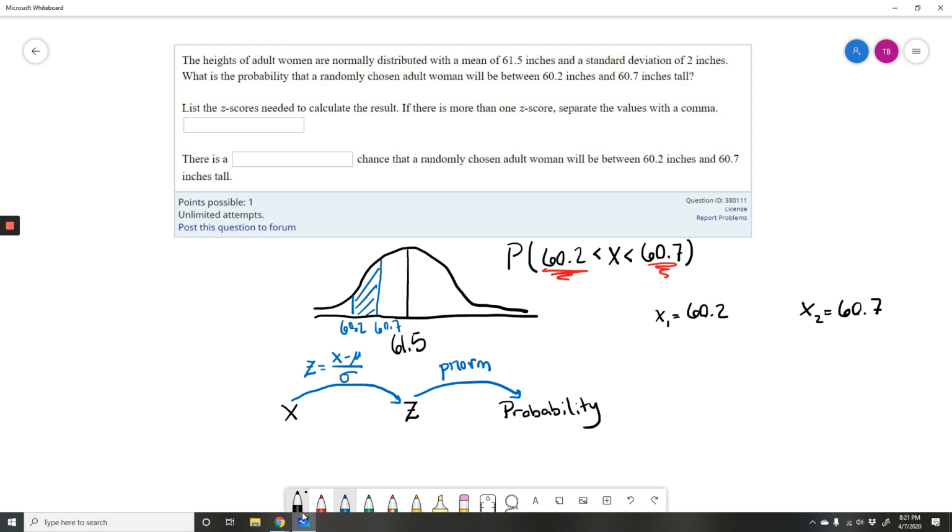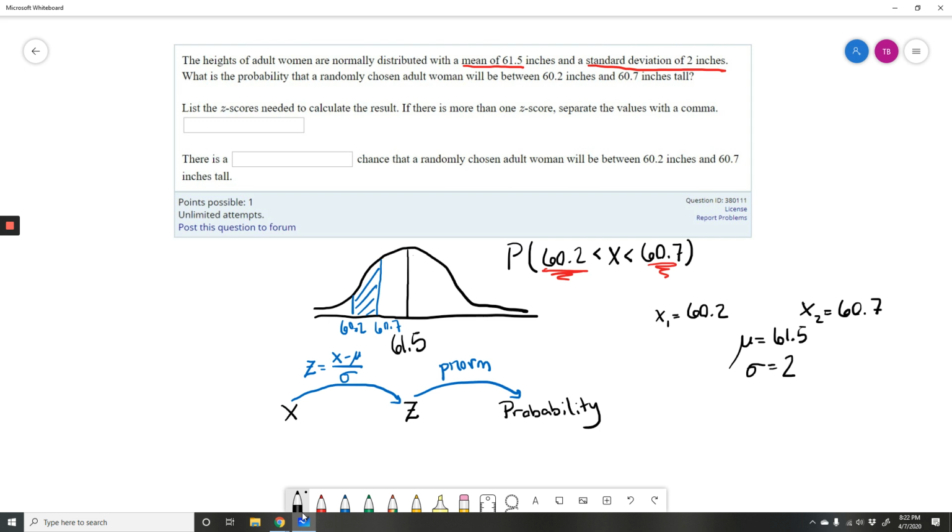Now we can read from the problem what our mean is and what our standard deviation is. Our mean is 61.5 inches. Our standard deviation is 2 inches. So that means mu is 61.5, and our standard deviation sigma is 2.